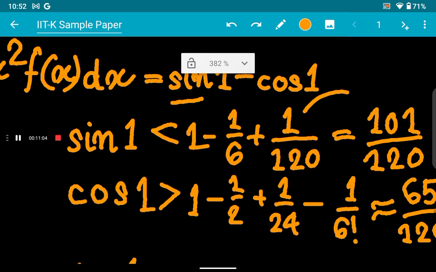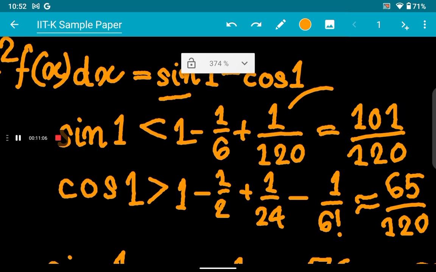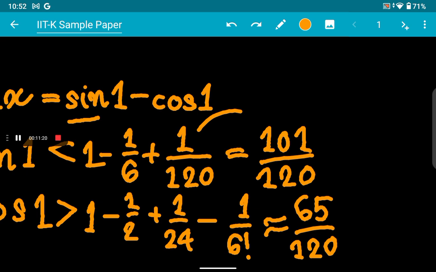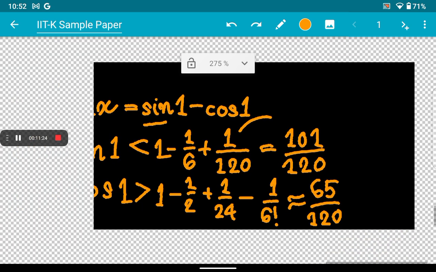Now cos 1 will be greater than this. Similarly, here a plus term is greater than the rest of the minus terms. If you neglect the 1 over 6 factorial, then cos 1 is almost equal to 65 by 120.